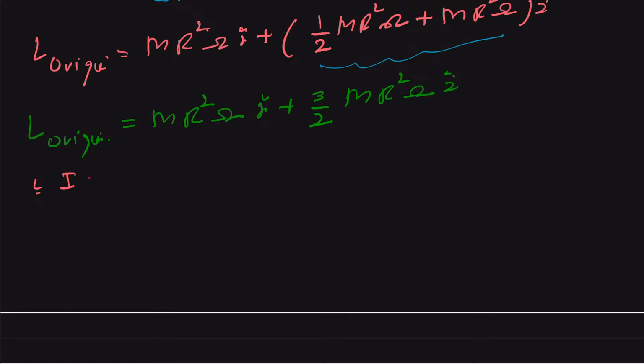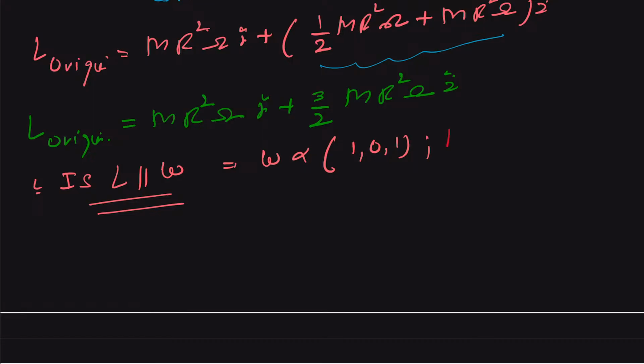And here it is asked whether L is parallel to omega. We know that omega in terms of its directional components is proportional to 1, 0, 1, and L is proportional to 1, 0, 3/2.